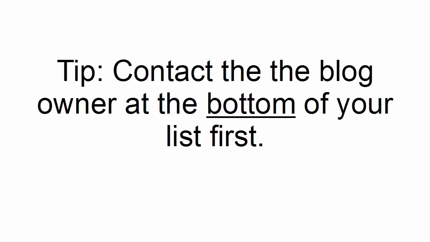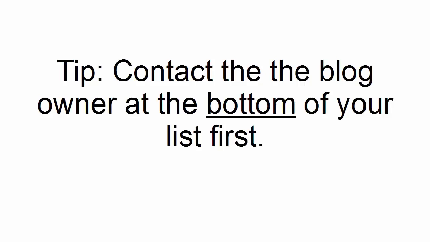Now, here's a tip. Contact the blog owner at the bottom of your list first. So if you draw up a list of, say, 10 blogs, start with number 10 and work your way up to number 1. The reason for doing this is that when you first start approaching blog owners, chances are they're not going to publish your articles.